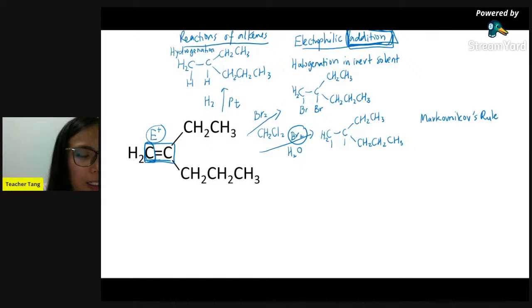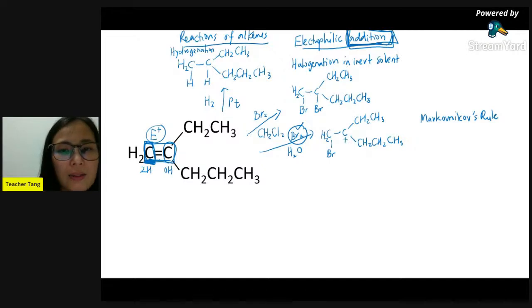So this first carbon, we have 2 hydrogen. The second carbon of the double bond has the other hydrogen. So which side has more hydrogen? The first carbon here. So your halogen atom, one atom, will go into this carbon. So bromine will go in here. After the bromine atom goes into the first carbon, you will get a positive charge like this.